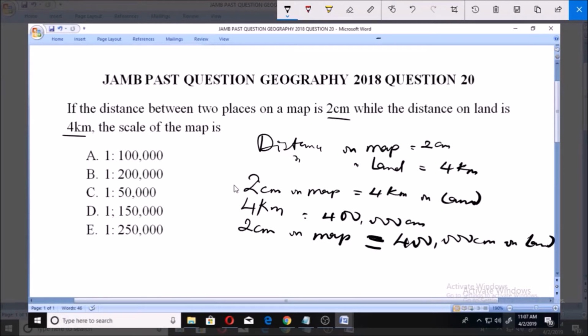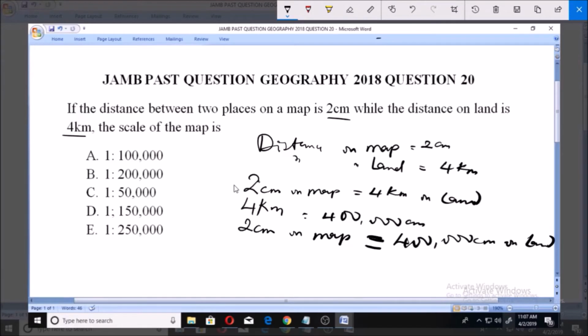So making x the subject of the formula, we can cross multiply, so that we have 400,000 times 1 all over 2, which will give us 200,000 cm. So 1 cm on map will always give us 200,000 cm on the land.